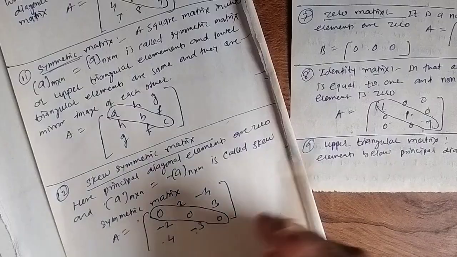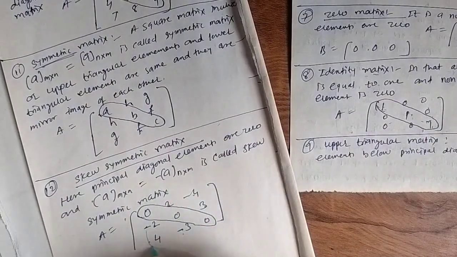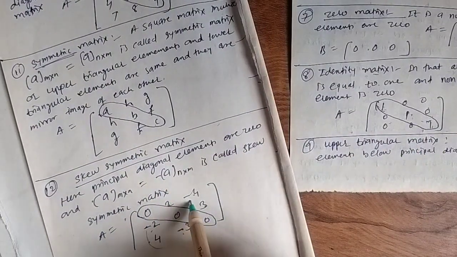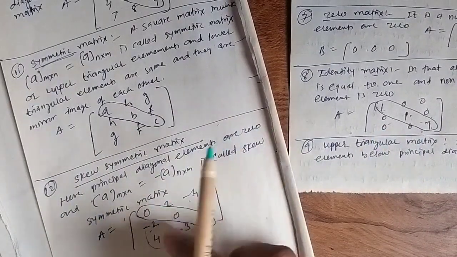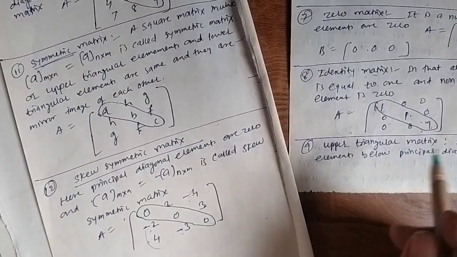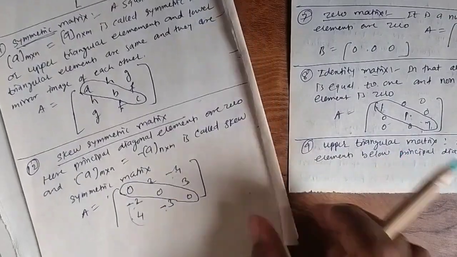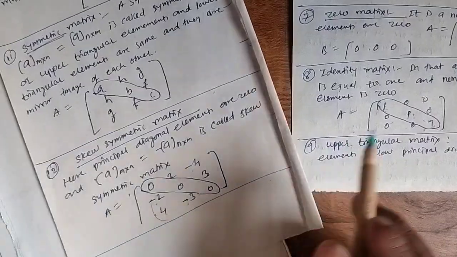It means the upper triangular elements are the opposite of the lower triangular elements. The sign is opposite. This is called skew symmetric matrix.